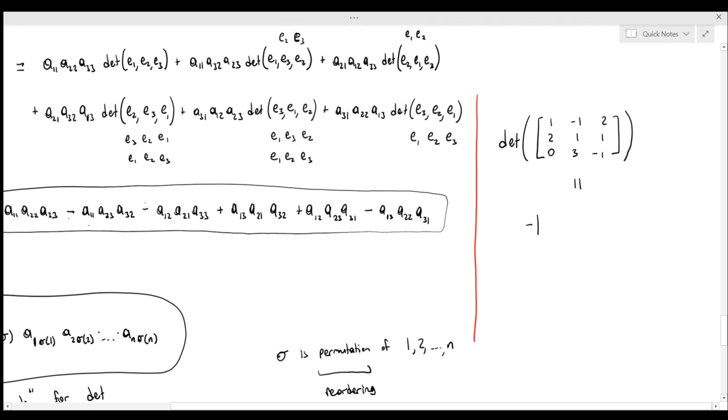Actually, let me do all the ones that were plus first. So let's look at this one next, A13, A21, and A32. Multiplying these three together will be 0.